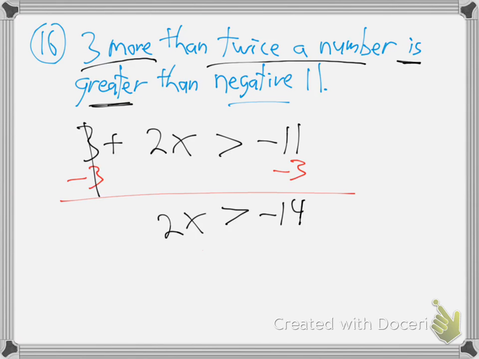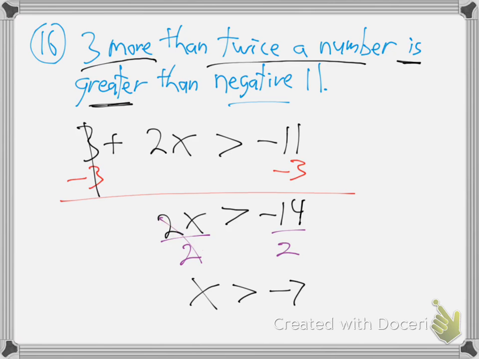Right, if you lose $11 and lose $3, you lost 14. Last step as always. Divide. X is right there. Do I need to flip a symbol? No. I got a negative 7 though. It's not what comes out, it's what you put under the bar. I put a positive under the bar, so I don't turn the symbol. So there we go. I don't know if they want shading, but you could do it.